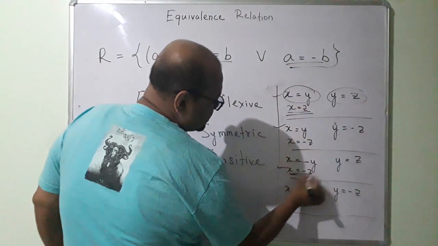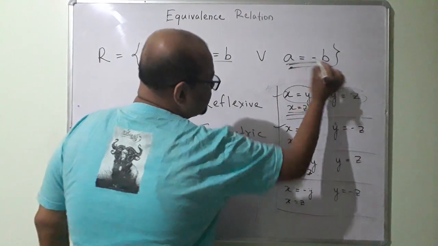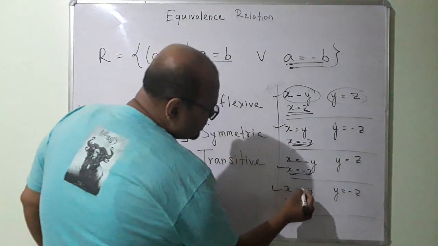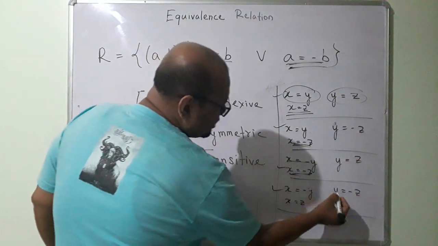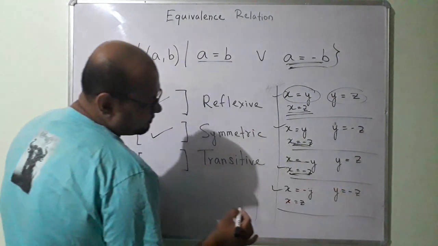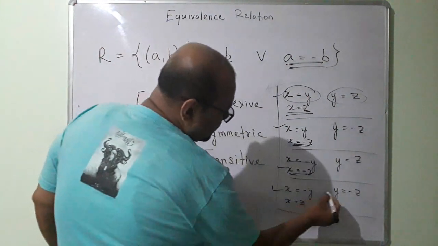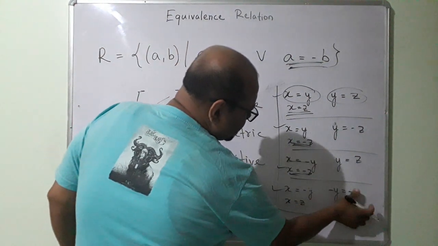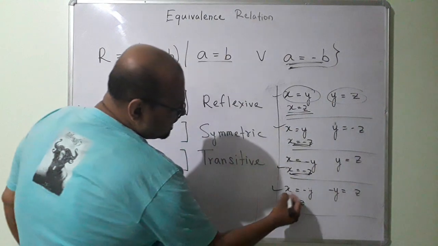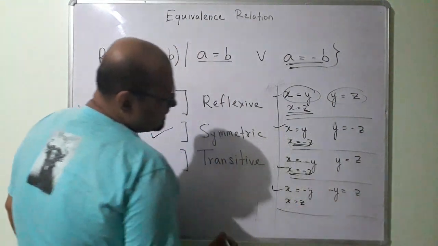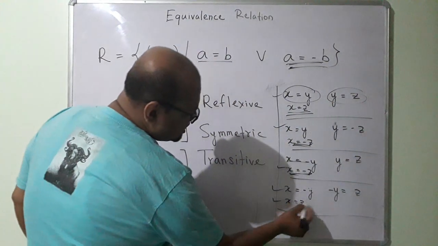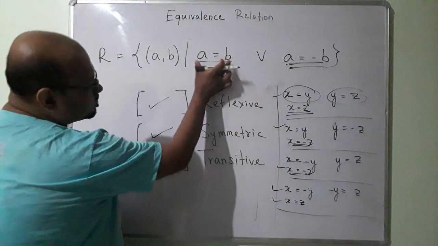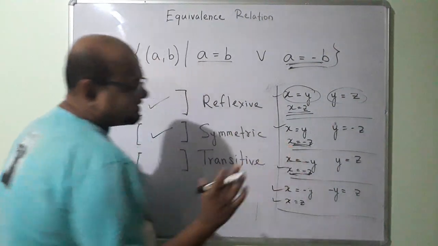Here also x minus z, because of this condition it will belong. Similarly, x minus y belongs and y minus z belongs to the relation. Y minus z is equal to minus y z. So x minus y and minus y z belong to the relation means x is equal to y. So because of this condition xz will belong.